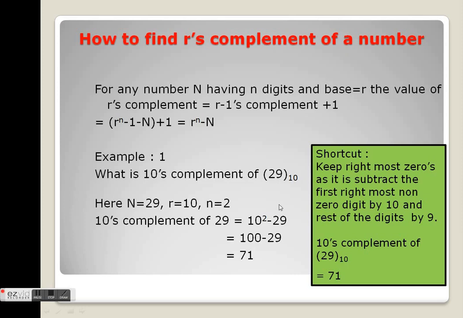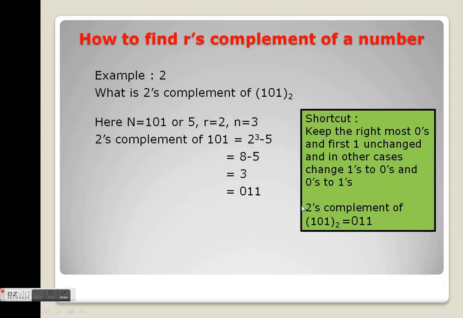We will subtract this number from 10, and we'll get 1. We will subtract the rest of the digits, which is 2 here only, from 9, and we'll get 7. So finally we'll get 71, which is the tens complement of 29.